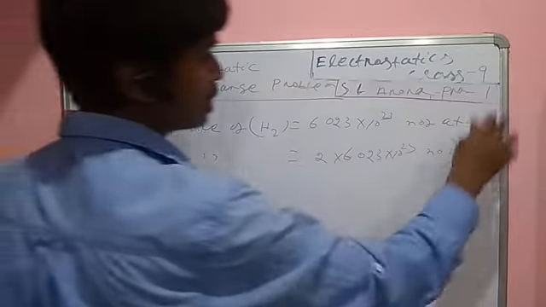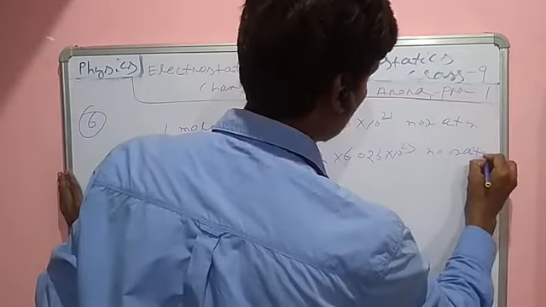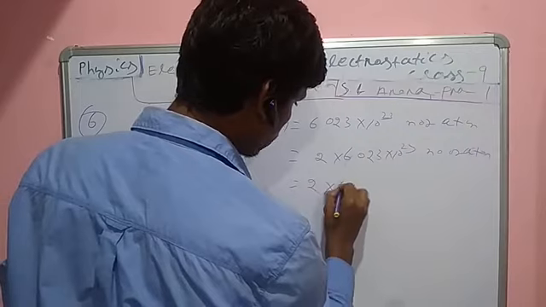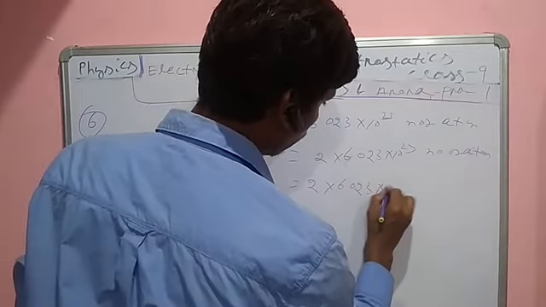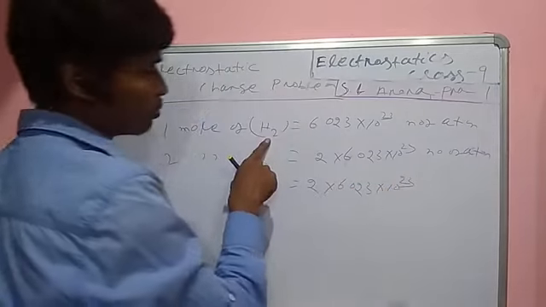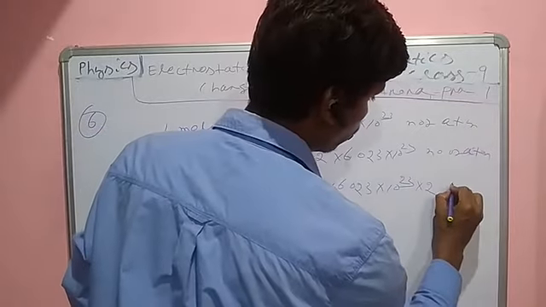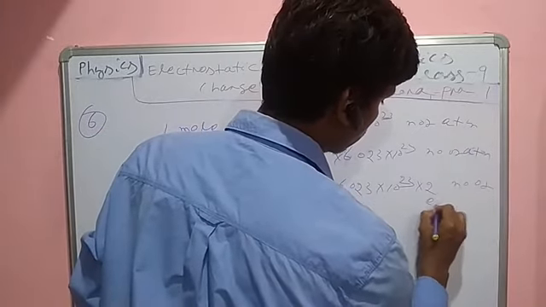One atom has 2 electrons, so the number of electrons is 2 into that.